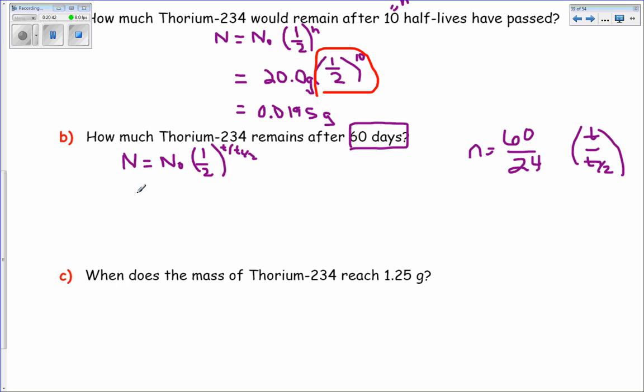So we have 20 grams times 1/2 to the power of, and that little caret is what you have to use on your calculator, to the power of bracket 60 over 24.